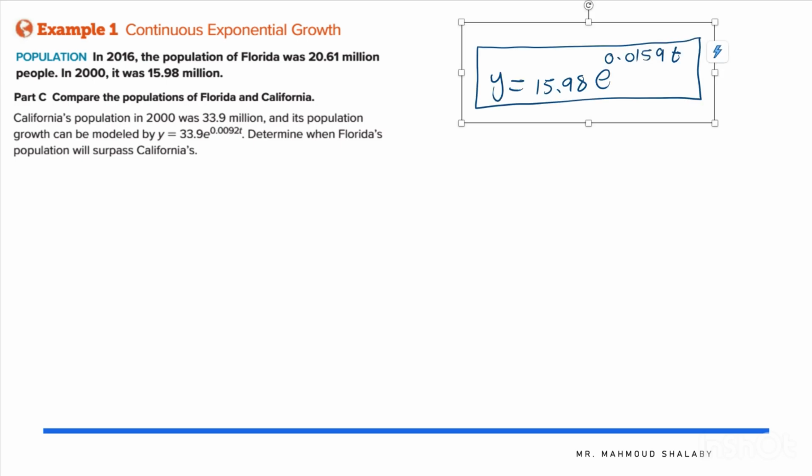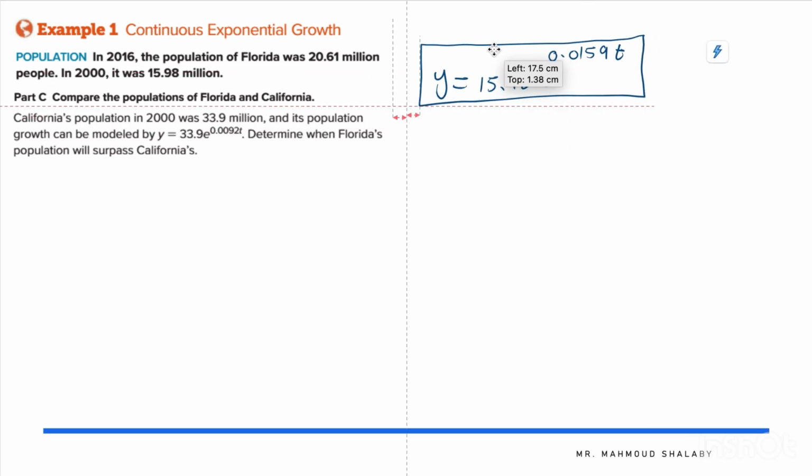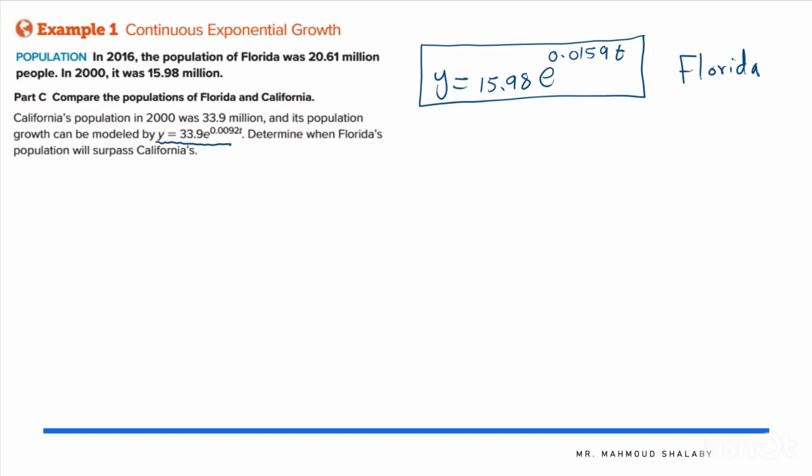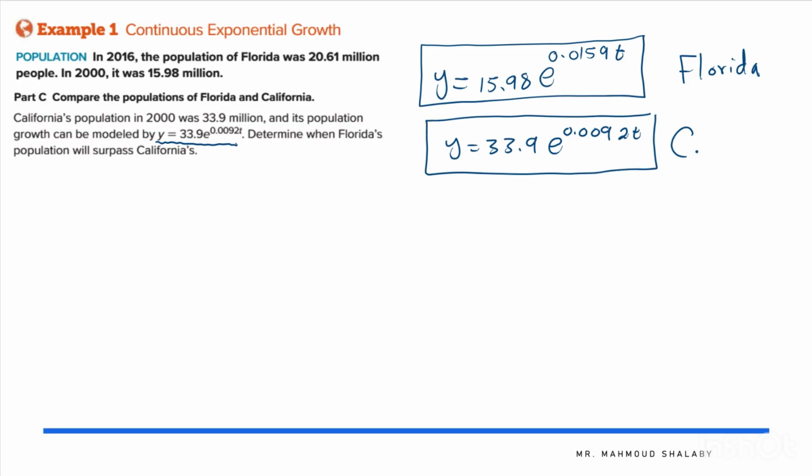So I will just bring it here, and move it a little bit left, so we can write here this one is for Florida, and we will have another one, given in the question, for California. It's y equals 33.9 e to the power of 0.0092 t. This one is used for California.